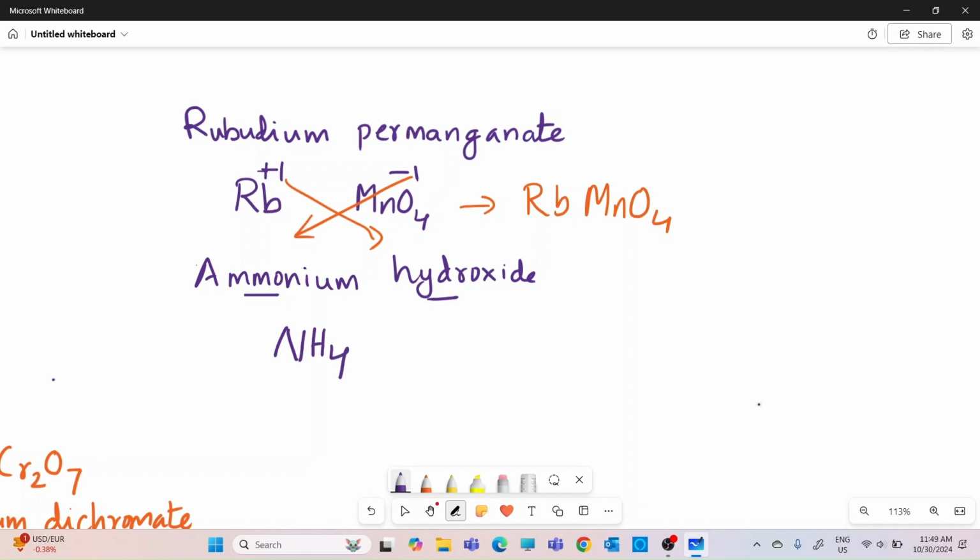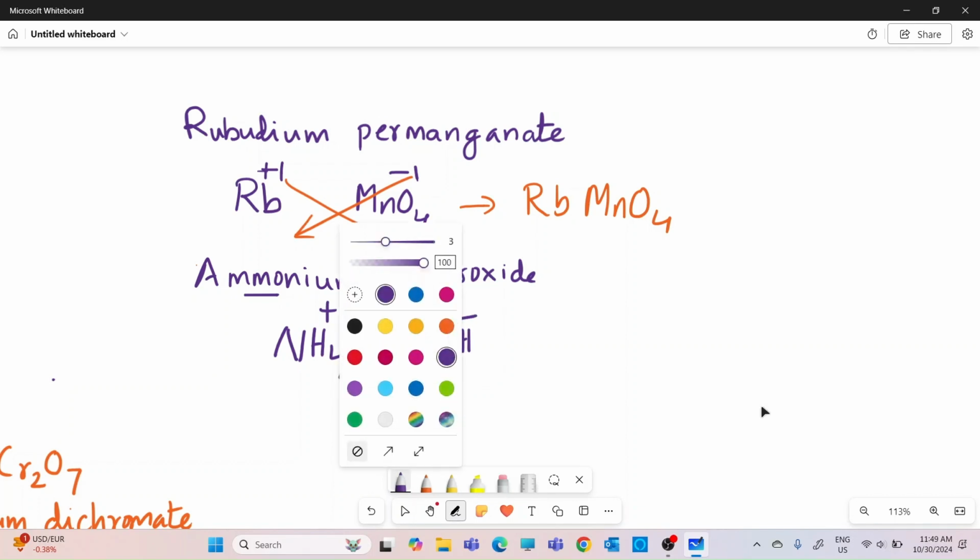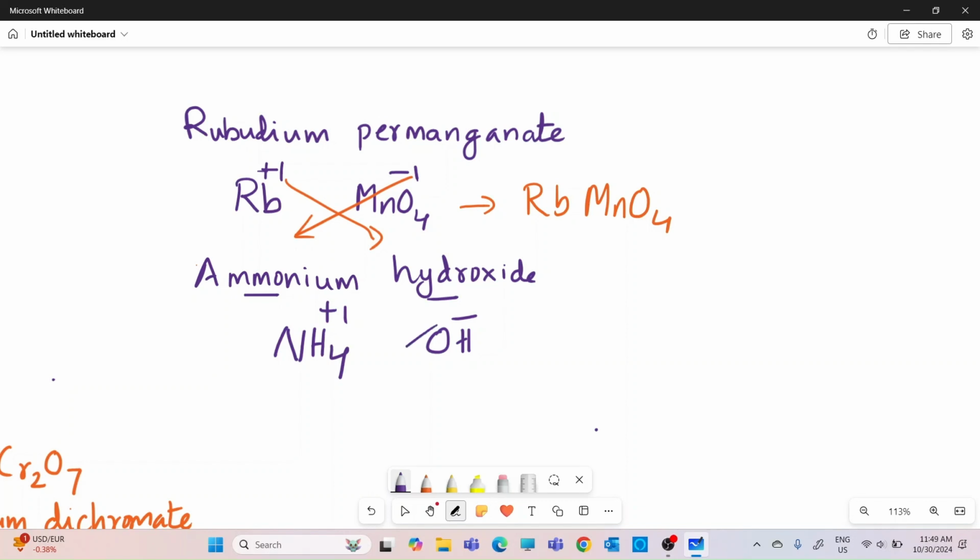Ammonium is +1 and hydroxide is -1. We do the crisscross method for this, and there is one of each. So the formula will be NH4OH. We don't need a parenthesis.